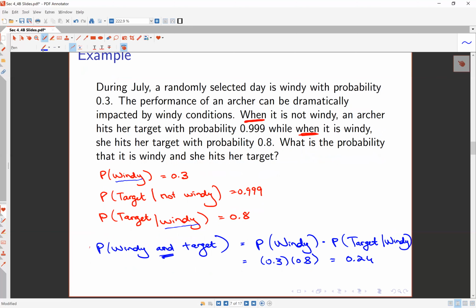Now, just to show you here, if you had a different set of information, you could also have tried to calculate it by doing the conditioning differently. You could have said, let's calculate the probability of hitting the target multiplied by the probability of it being windy, given that she hits her target.